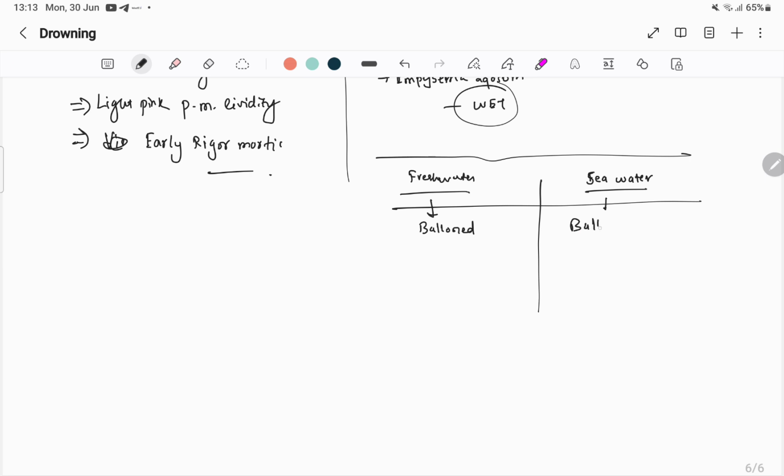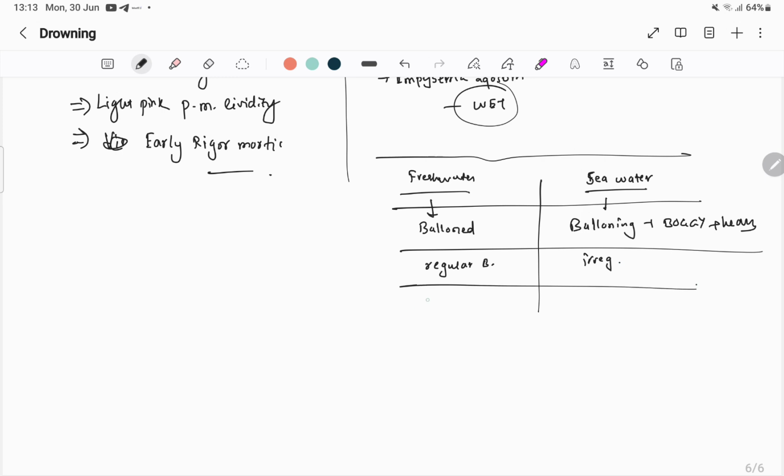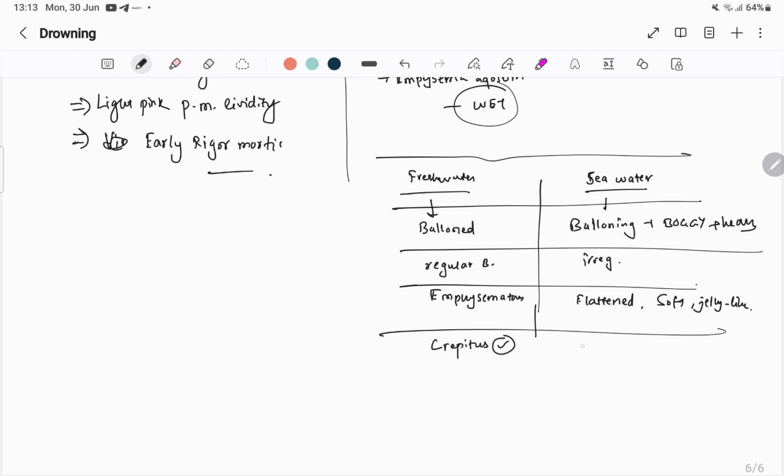In seawater, ballooning plus boggy plus heavy lungs. Here regular borders of lung, here irregular border of lung. Here emphysematous lung, here flattened lung, flattened, soft, jelly-like. In freshwater drowning, crepitus is heard. Here no crepitus.